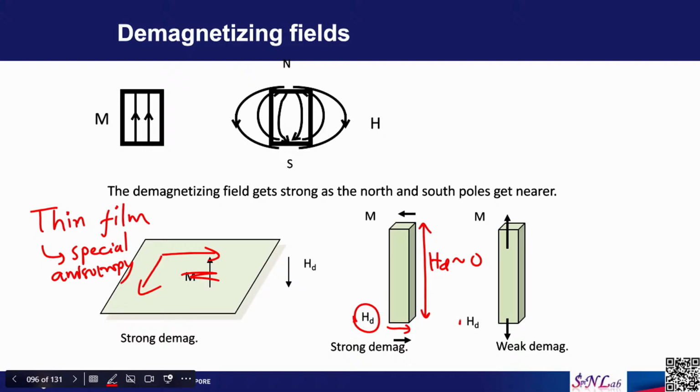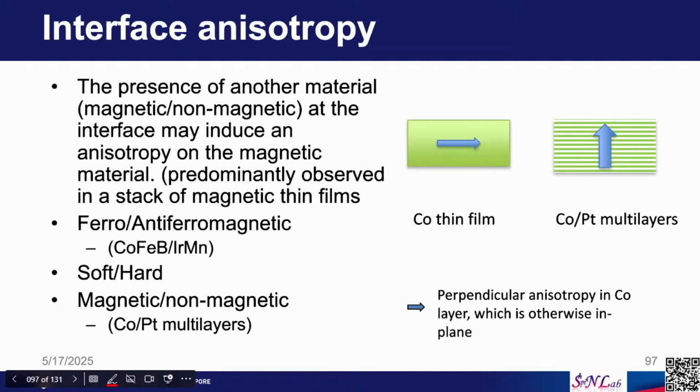So, here is a weak demagnetizing field. If magnetization is along this direction, demag field is weak, but if magnetization is along this direction, there is a strong demagnetizing field. This is for this case. Okay. So, this is the concept of shape anisotropy. Any questions so far?